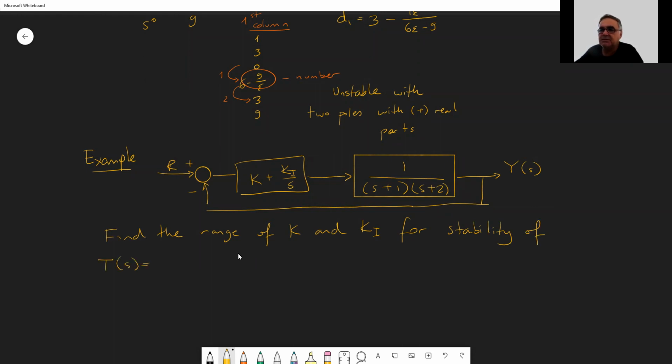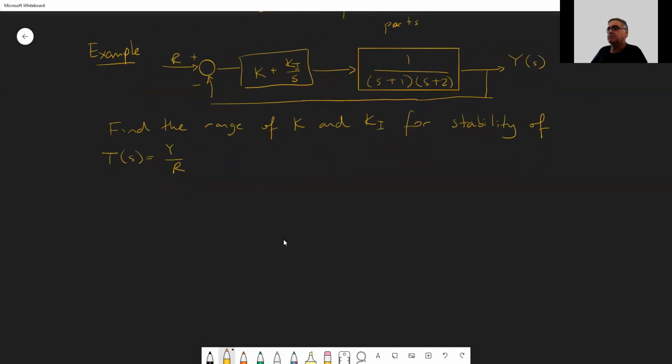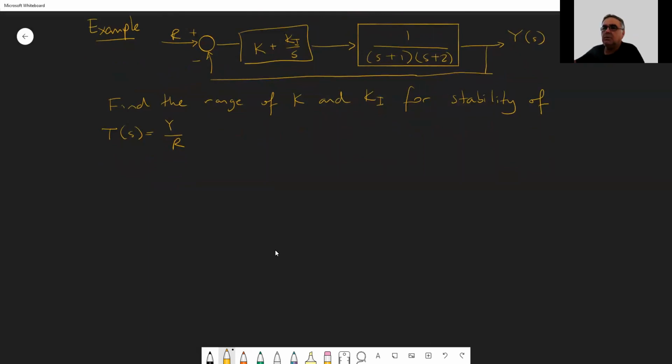T of S, which is Y over R. That is the transfer function between Y and R. R is the reference input, Y is the output, as you know. So the closed loop system T of S is Y of S over R of S. If you call this K and this one G, let's not confuse you.